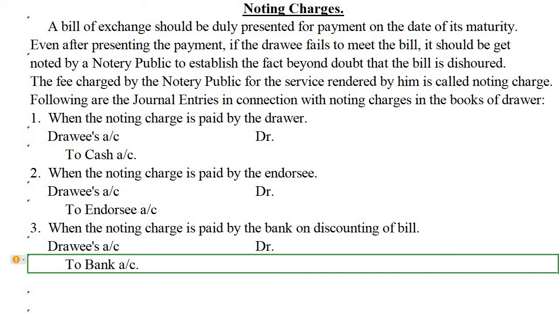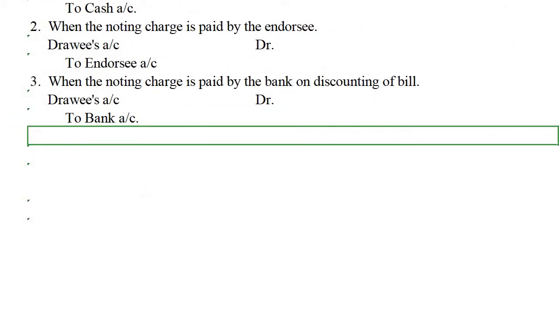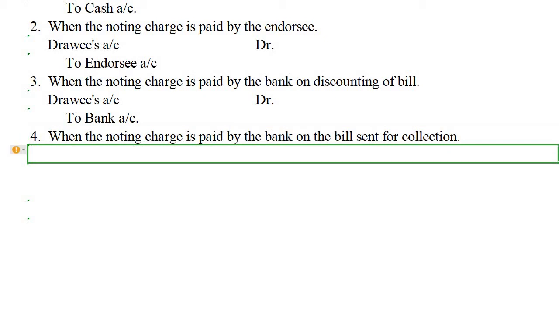Okay. Now in the fourth case, when the noting charge is paid by the bank on a bill sent for collection. At that time, we informed our bank to collect the bill. So drawee has to pay the money to whom? To us only, because the bill is sent for us, and the bank is collecting the money.